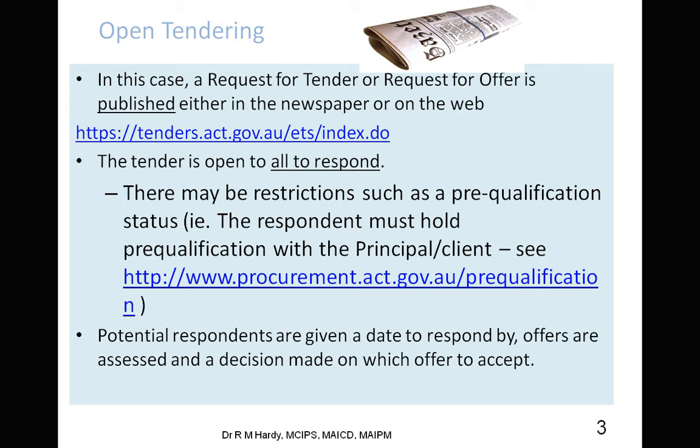Once we have all the tenders back in, then the tender committee, which could be just one person, but could be a number of people, then have to get together to look at the tender forms that have been submitted, and then to assess the tenders to see how we feel about it. Quite often in these cases, the best price, the price that we are going to recommend to the client to accept, is not the cheapest priced.